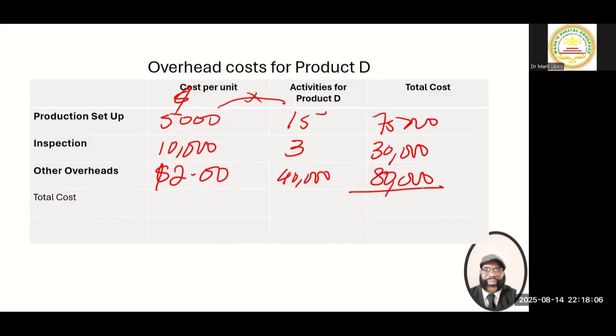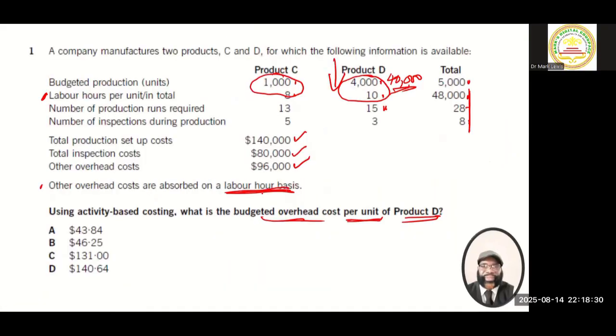If we add those down, 75 and 30 would give us 105, and 80 would give us 185,000. We can see that the total cost for 4,000 units is 185,000.